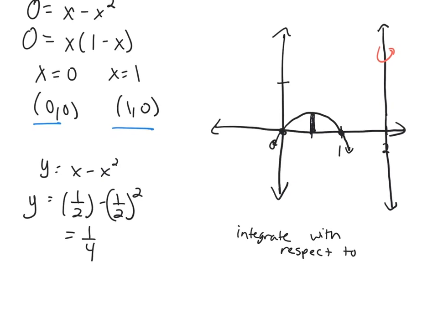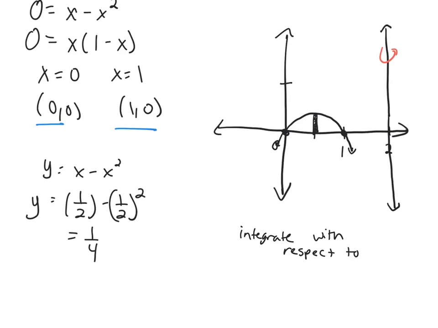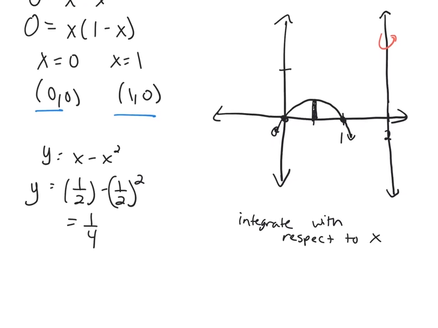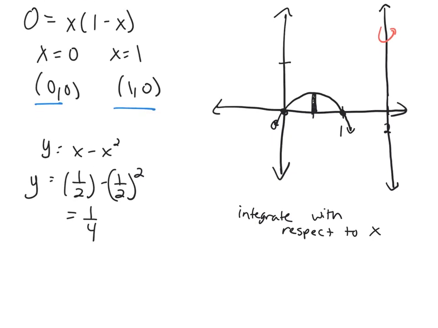My strips are vertical, right? There's a top and a bottom. When I have a top and bottom, that means we're going to integrate with respect to x. So our integral should be in terms of x. All right, so now we're ready. Let's find r and let's find h.